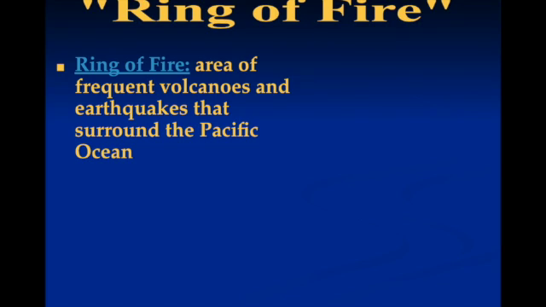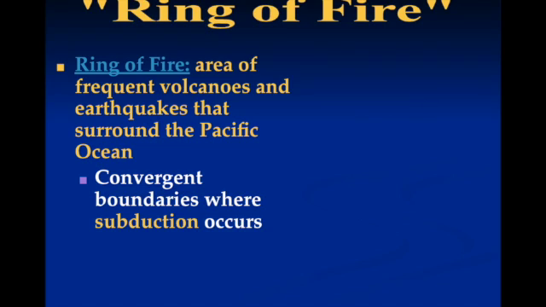And so you hopefully saw this ring of fire. Some of you might have already had some prior knowledge about it. But that's one of the reasons why that map puts the Pacific Ocean there in the center, so you can see that ring of fire.